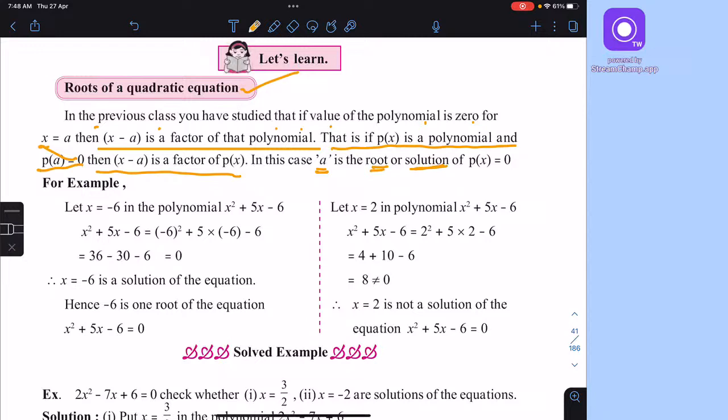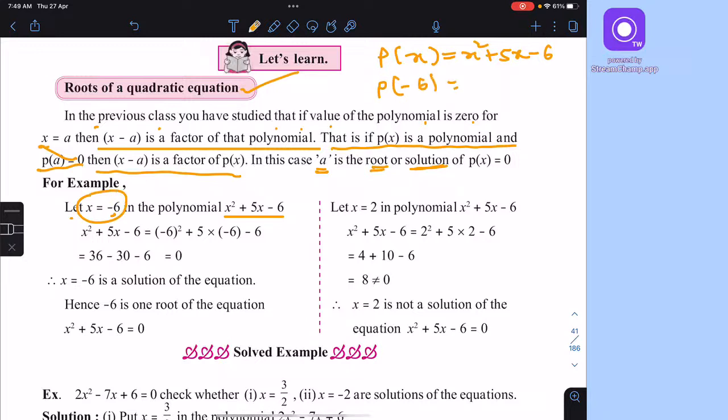Okay. For example, here let x be equal to minus 6. In the polynomial x square plus 5x minus 6, we write it as a polynomial in x as x square plus 5x minus 6. And if you want x equal to minus 6, you can say p of minus 6.